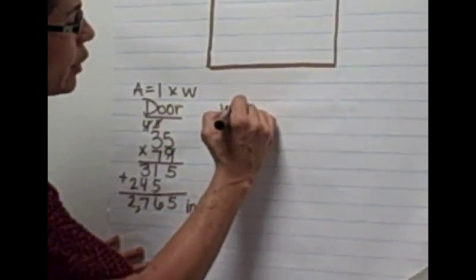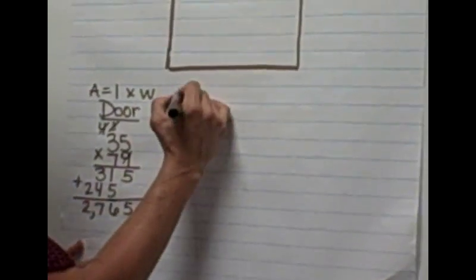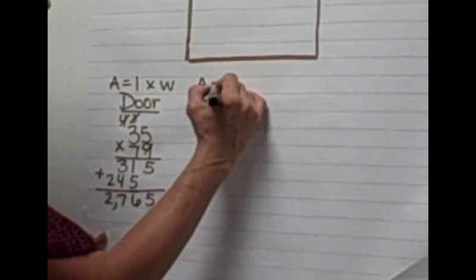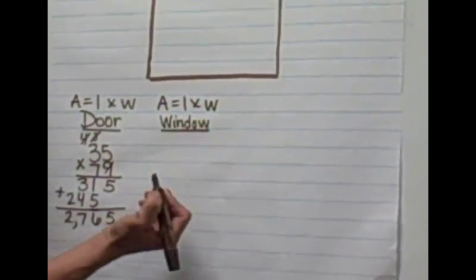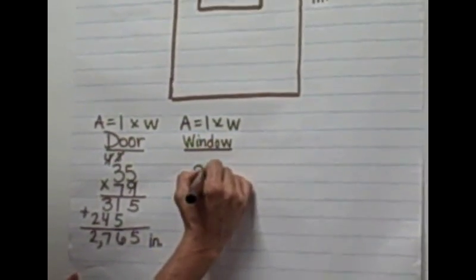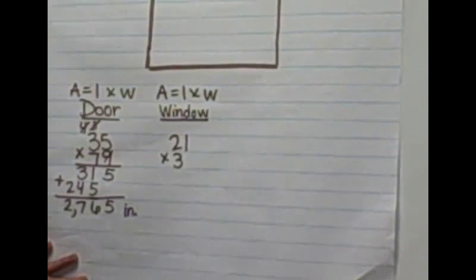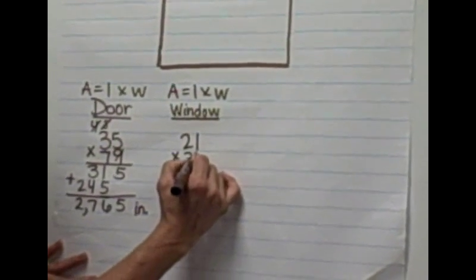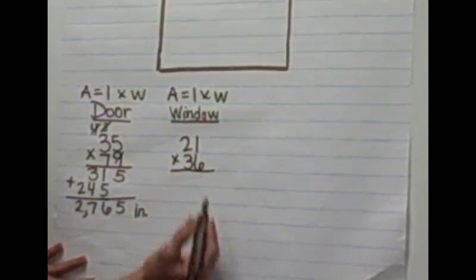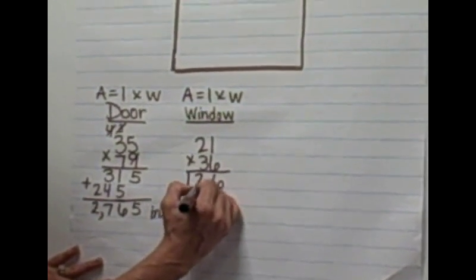Now let's look at the window. Your area for the window should be smaller than the area of the door. Using the same formula, area equals length times width, we know that the length of the window was 21 and the width of the window was 36. So 21 times 36. 6 times 1 is 6. 6 times 2 is 12.